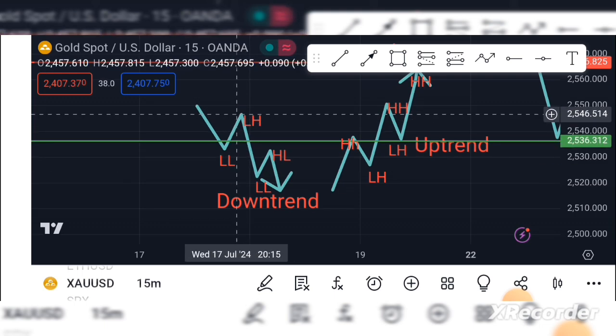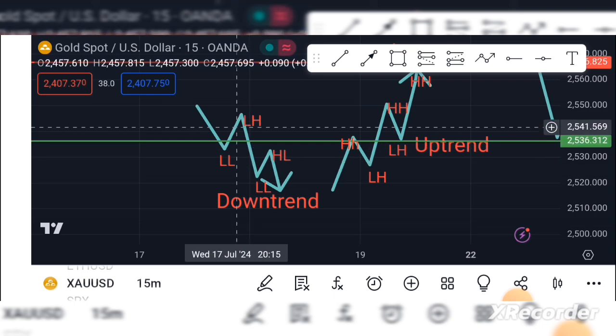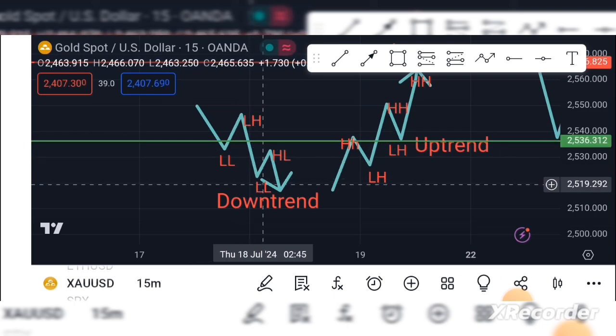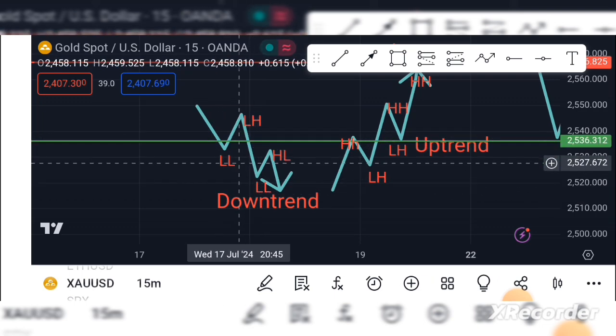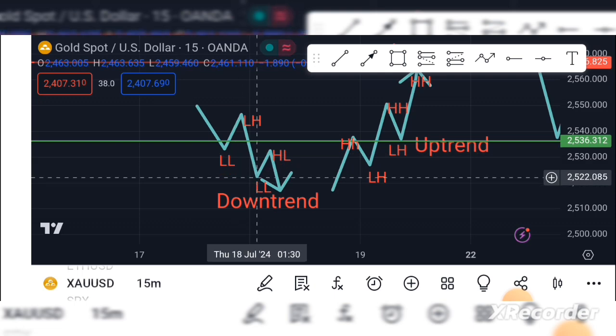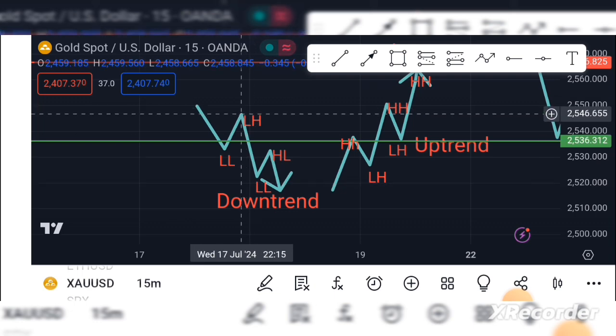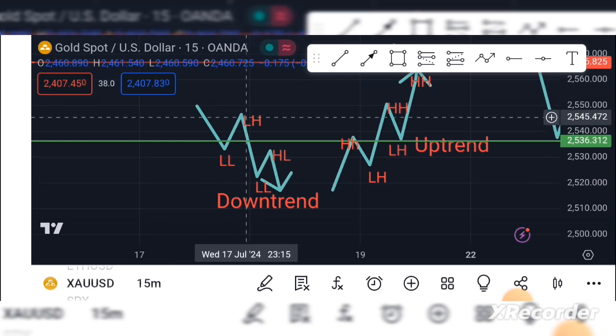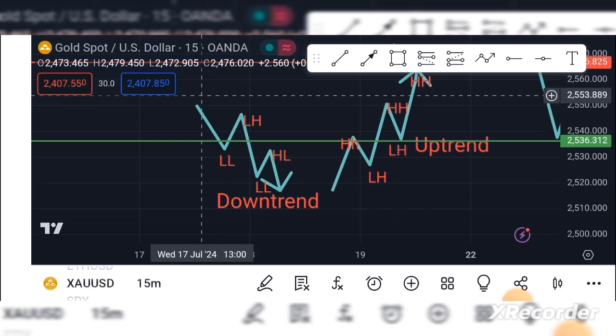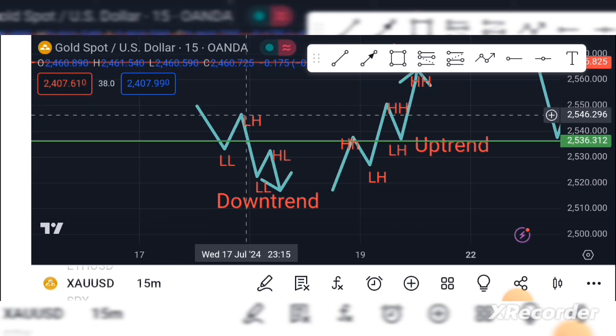You can see there is a very big imbalance over here, making the market create another lower low. This low here is very low than this, making it a lower low. And this high is a lower high, because it didn't take this high out.